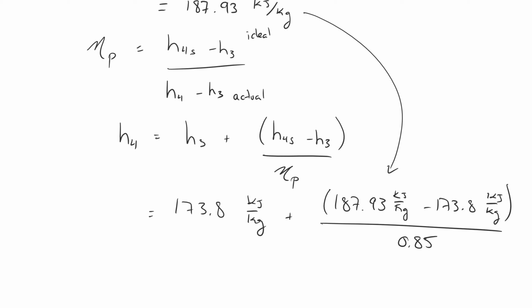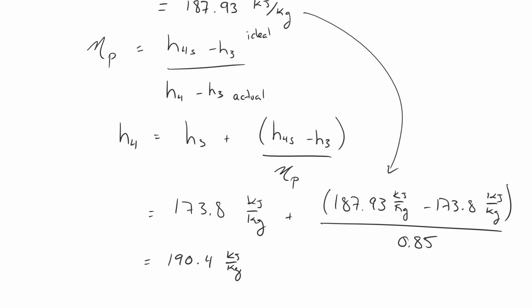There's my isentropic pump efficiency, 85%, and that gives me a value of enthalpy of 190.4. So, because my pump has internal irreversibilities, the enthalpy leaving the pump is going to be higher.